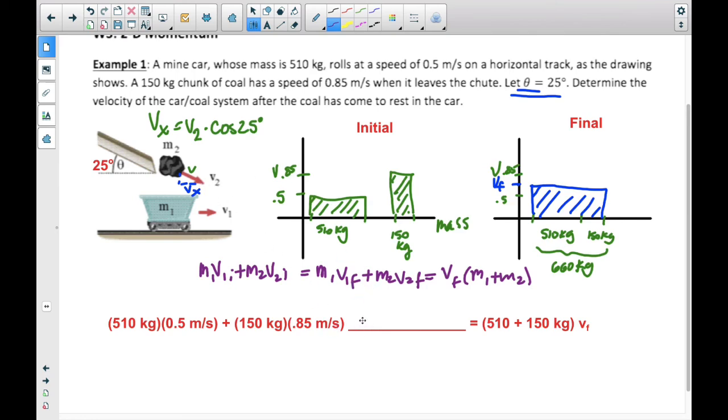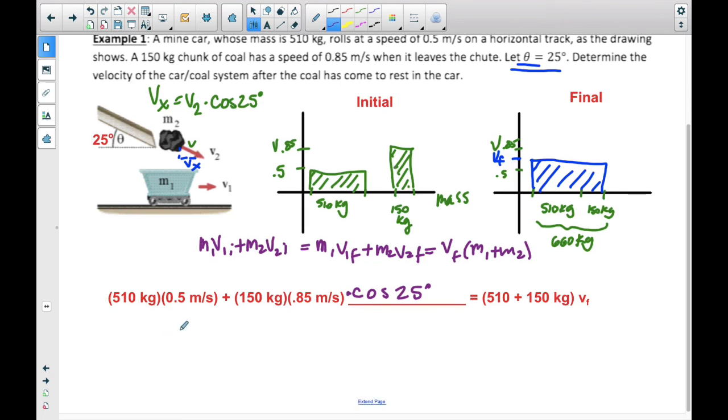So we need to include in here the cosine 25. So we're going to put times the cosine of 25 because that's really the velocity that we have. And so probably my chart wasn't exactly correct on that. So now we just need to do some calculation and see what this comes out to.